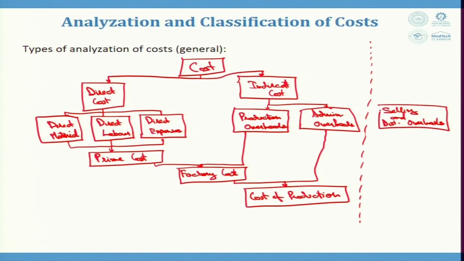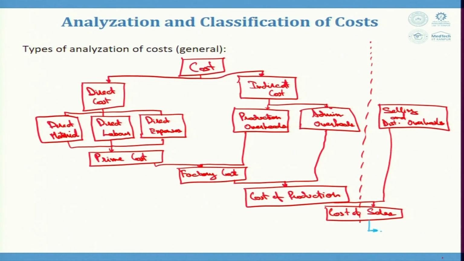So, when these are included into the cost of production, the cost is known as the cost of sales, which includes the cost of production plus selling and distribution overheads. Now, cost of sales, these were all the costs.